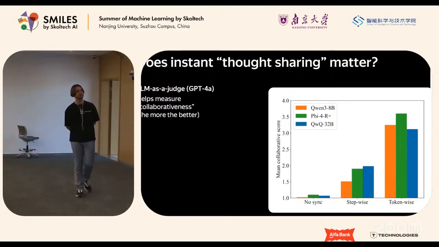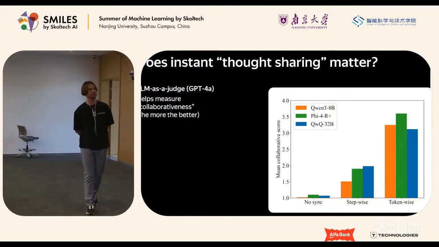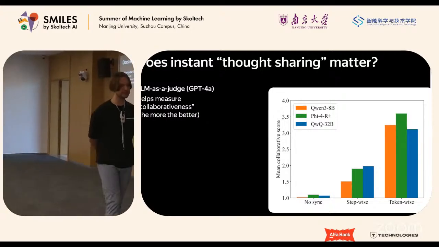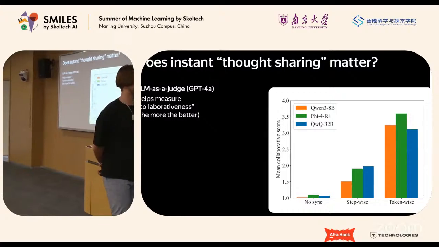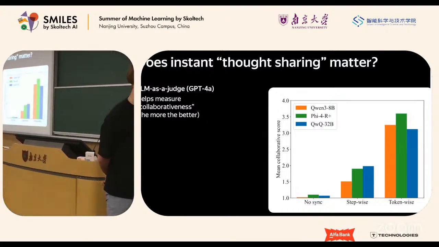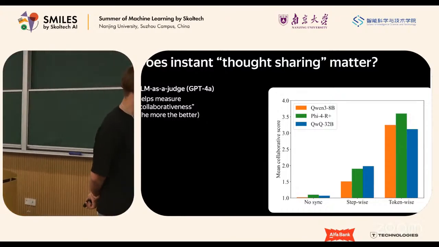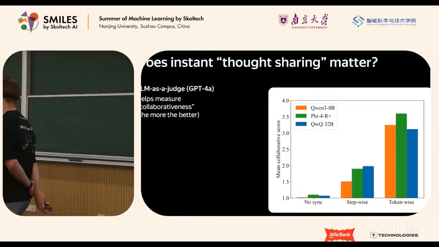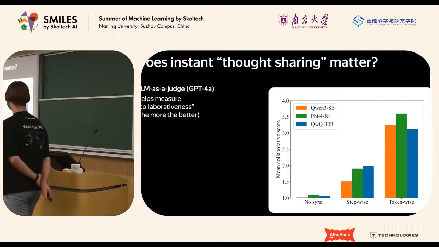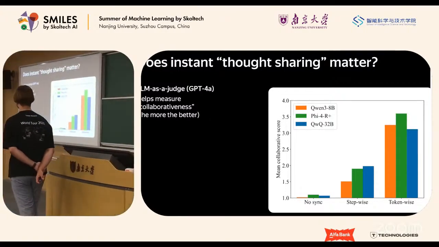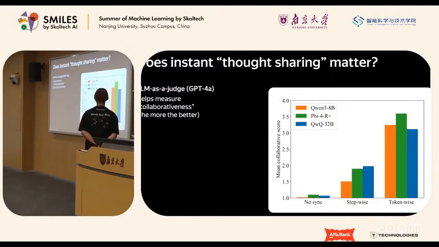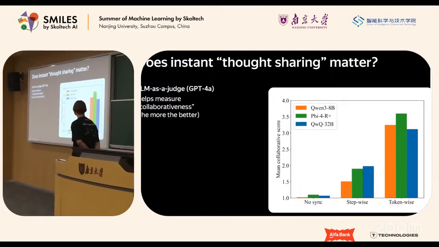We try to use LLM as a judge and provide them with 6 levels of collaborativeness, where 1 corresponds to no collaboration at all, and 6 corresponds to beautiful, super parallel, efficient collaboration, and measured the collaborativeness of some subset of reasoning traces.